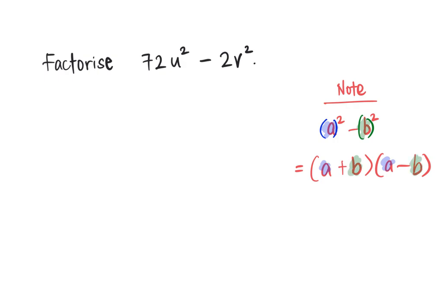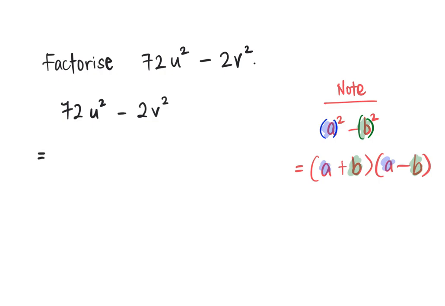Then as I go back to this question, I realize, oh, if I press square root 72, it does not give me a nice number. I press square root 2, it also does not give me back a nice number. And therefore, I knew that I have to do something else first.